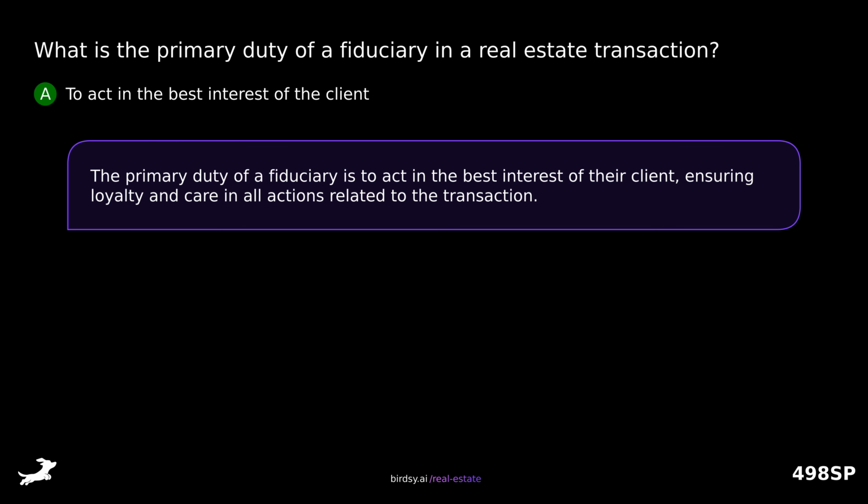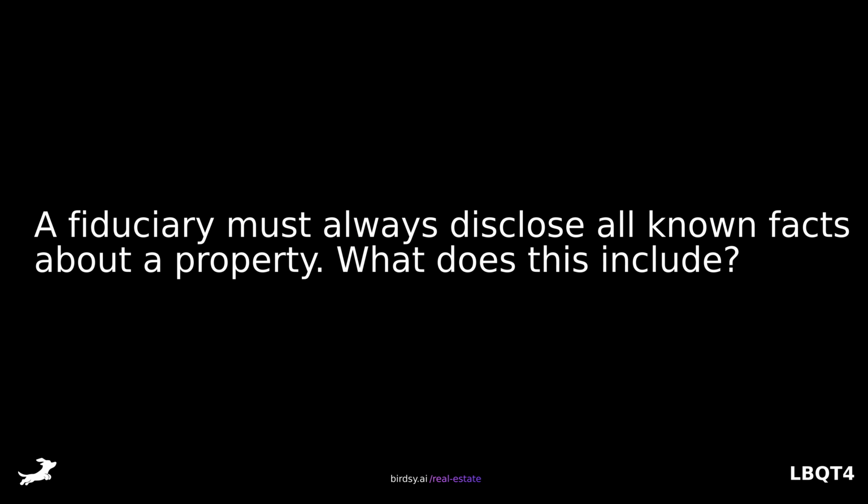The primary duty of a fiduciary is to act in the best interest of their client, ensuring loyalty and care in all actions related to the transaction. A fiduciary must always disclose all known facts about a property. What does this include?